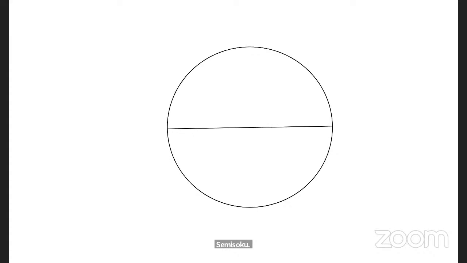Okay, I have my semicircle and I have my center point. What we'll do, we'll take two opposite points on the semicircle. Let's take a point here, C, and one point here, D. Now we will join these points.